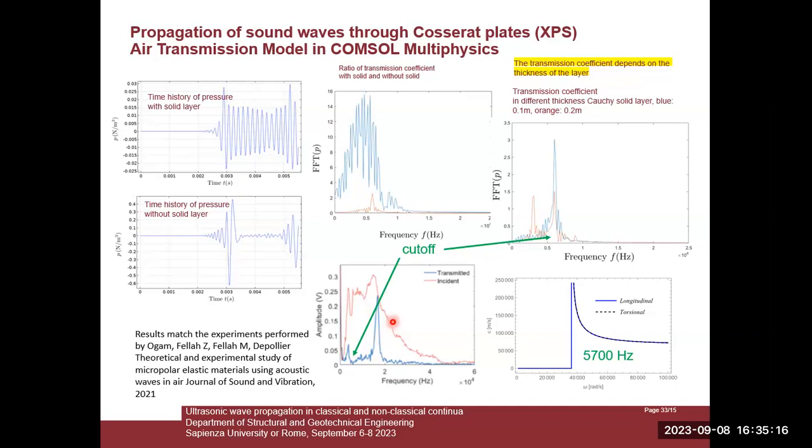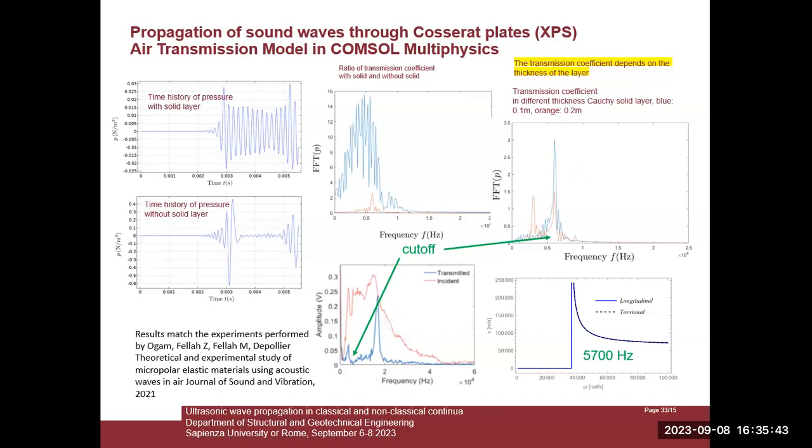What is the transmission coefficient? The transmission coefficient is the ratio between the spectrum of the transmitted sound divided by the spectrum of the sound in the same point without the layer.